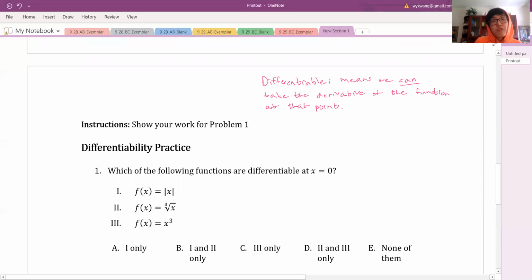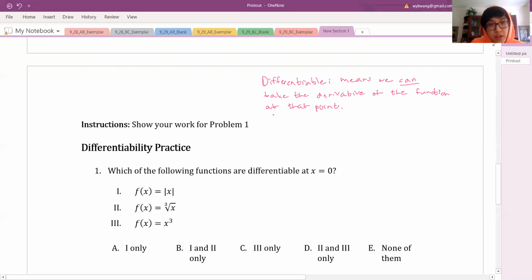The derivative exists, basically. There are times, for example, when there's an asymptote or a discontinuity, you simply can't take the derivative. So that means it's not differentiable.